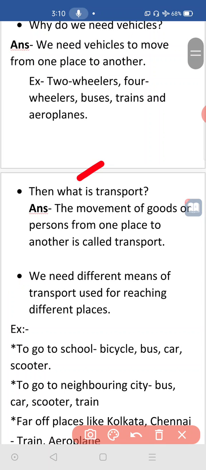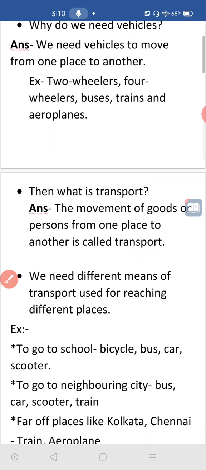Then what is transport? Transport means what? Your lesson name is means of transport. The movement of goods or persons from one place to another place is called transport.